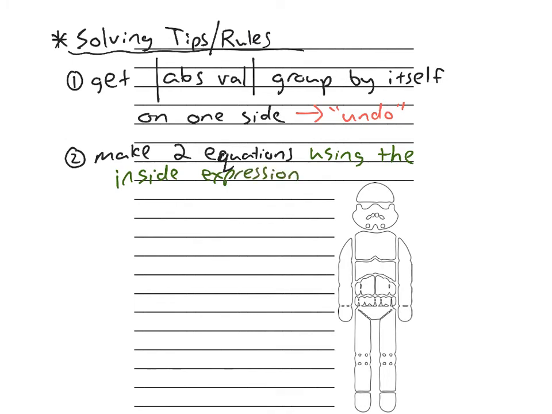The inside expression is the thing that's inside, captured by the absolute value symbols. Okay, and don't change it. Keep it exactly the same. What we're going to change is what they're going to equal.